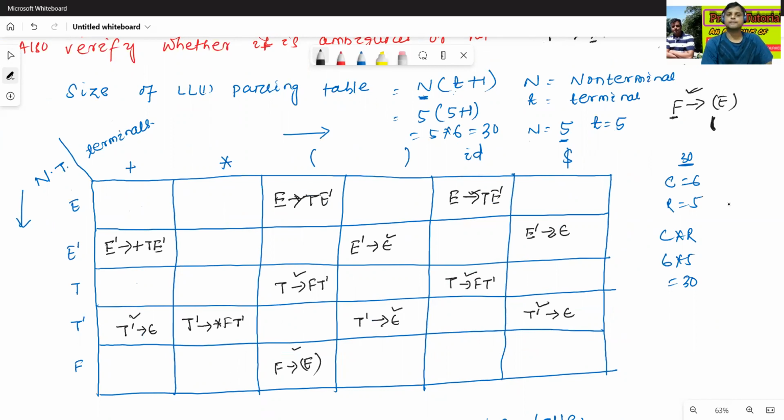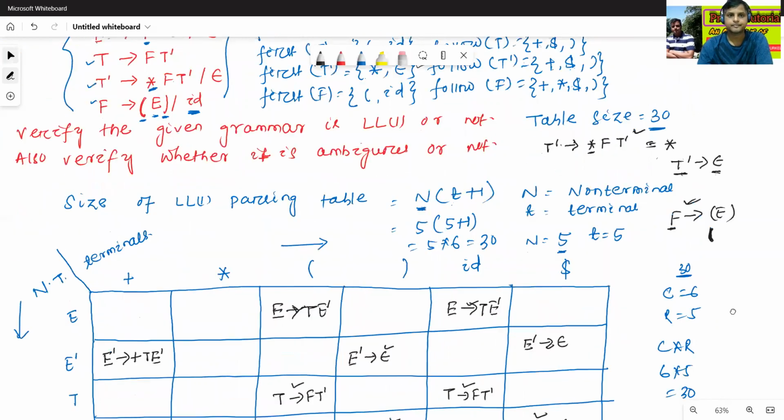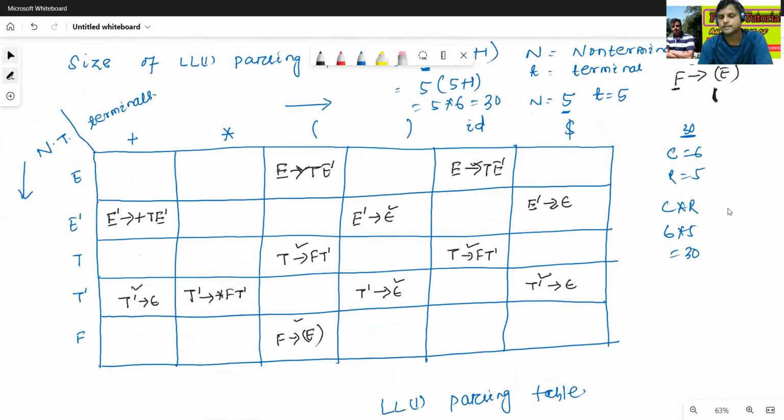Next production, F to id. In this case, first of F is nothing but id.